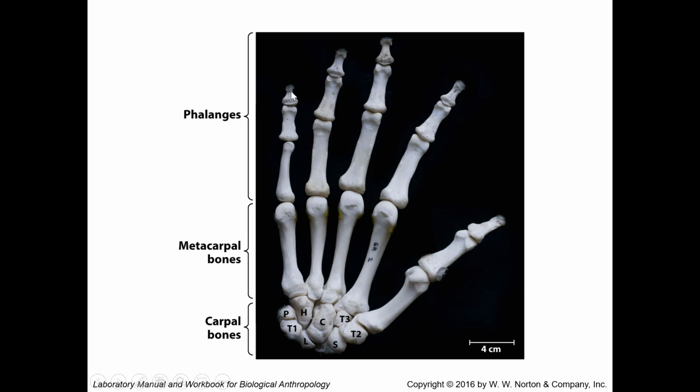The finger bones are called phalanges for plural, phalanx for singular. The thumb has only 2 phalanges, but all the other 4 fingers have 3 phalanges.